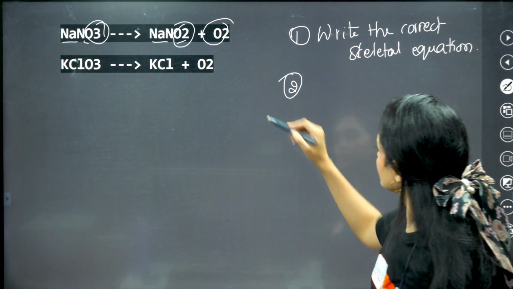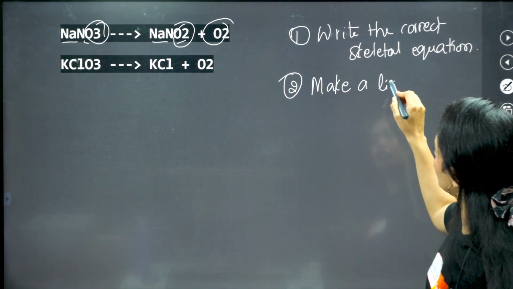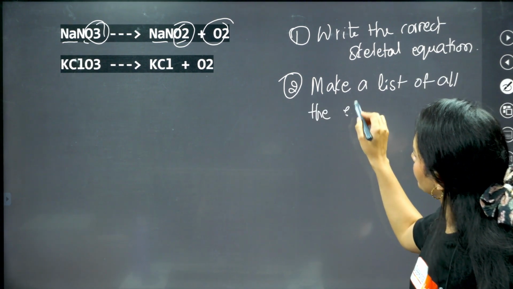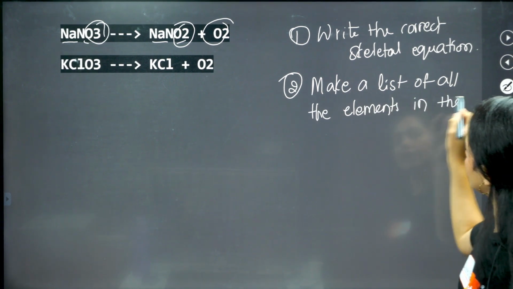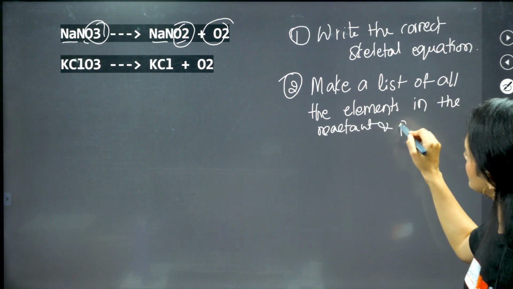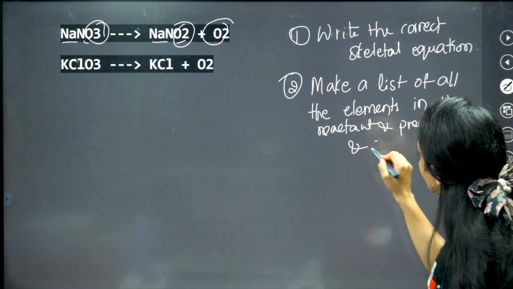Second, make a list of all the elements in the reactant side and product side, and count them.